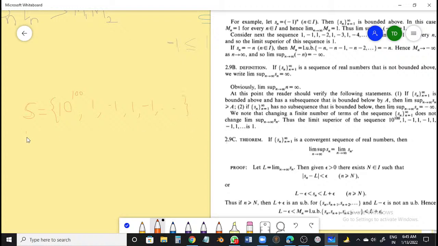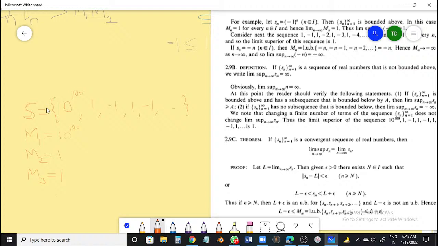Let us try to write the values of m. What will be m1 in the first case? No doubt 10 raised to 100 is the biggest value, so m1 is that. For m2, certainly this value is 1. For m3, we have started from the third term onwards, from minus 1 onwards, so I'll find m3 to be plus 1, and so on.